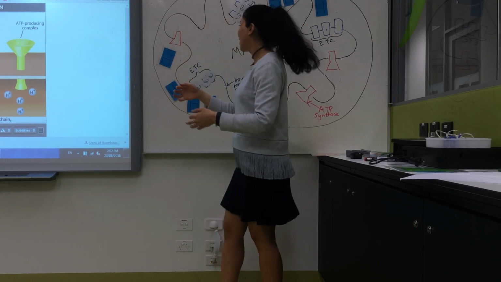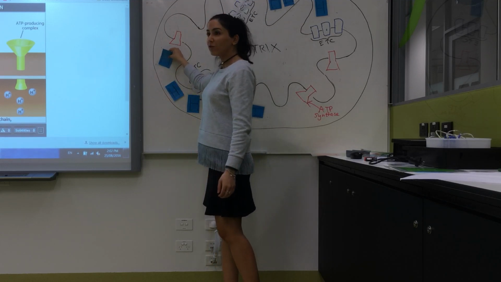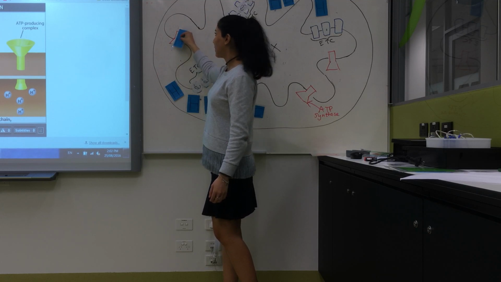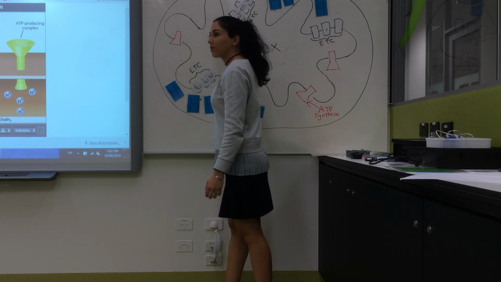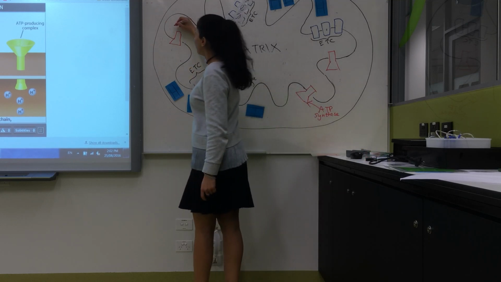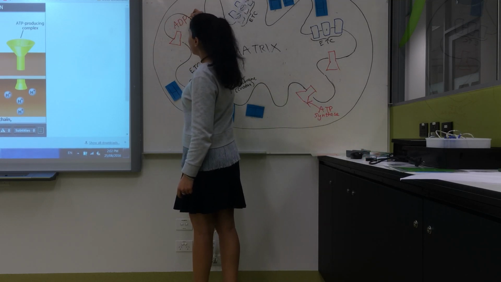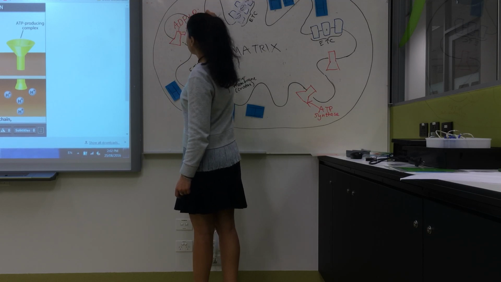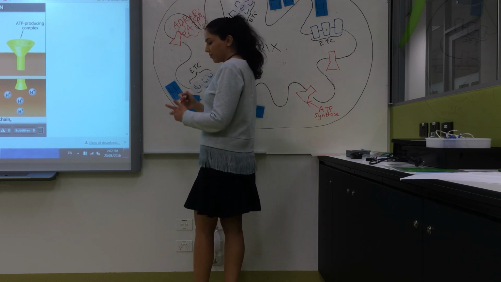Every single time a hydrogen proton travels through ATP synthase to get back into the matrix, it gives ATP synthase the energy to combine ADP and phosphate together to make ATP, energy for the cell.